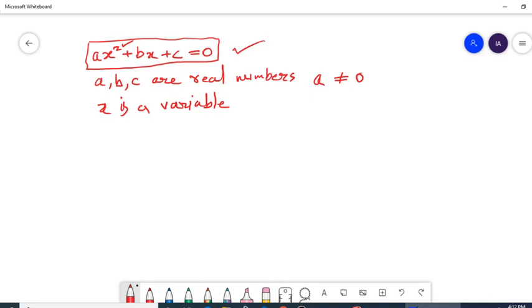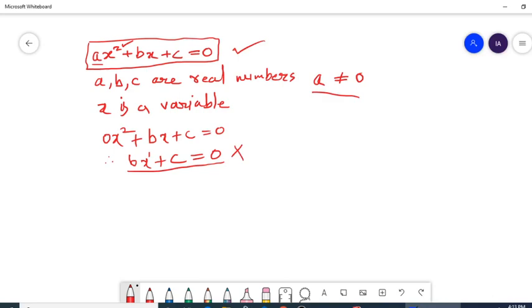For example, if I substitute 0 in place of a, this equation will look like 0 x square plus bx plus c equals to 0, which can be written as bx plus c is 0. As you can see here, the highest degree of power of this equation is 1. So this equation cannot be considered as quadratic equation. That is the reason a should not be equal to 0.